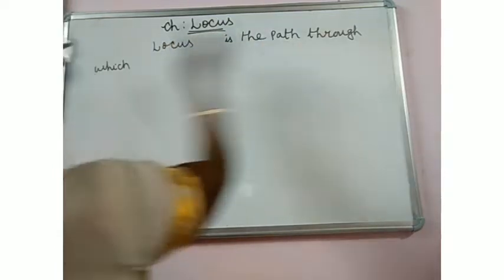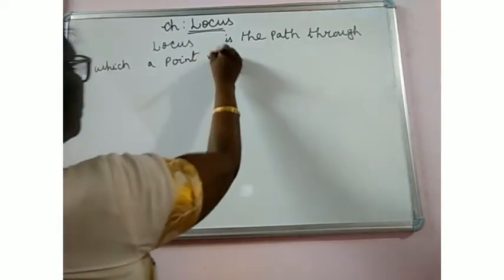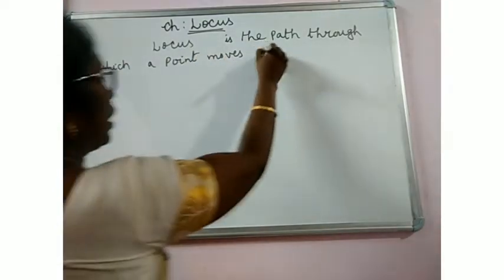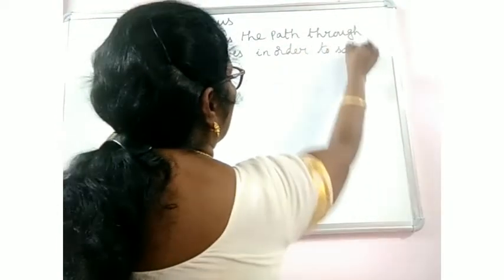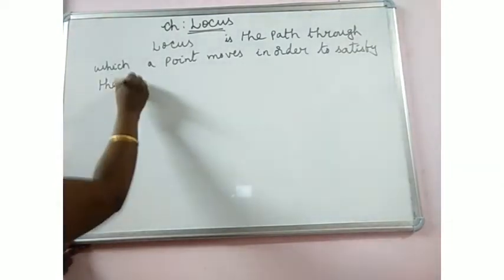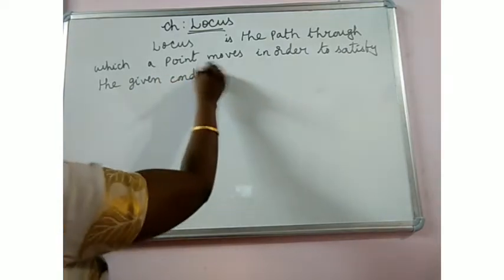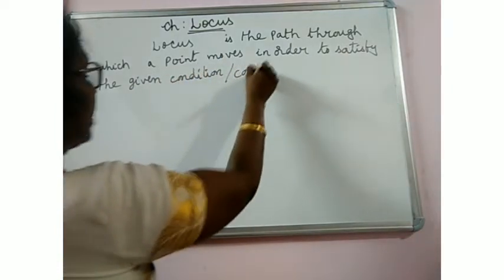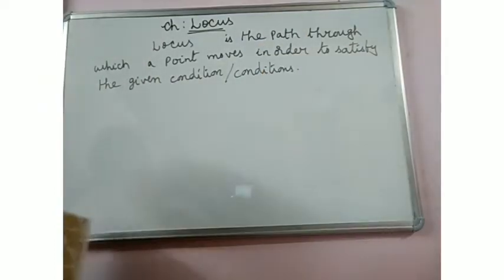Locus is the path through which a point moves in order to satisfy the given condition or conditions is called the locus of a point.